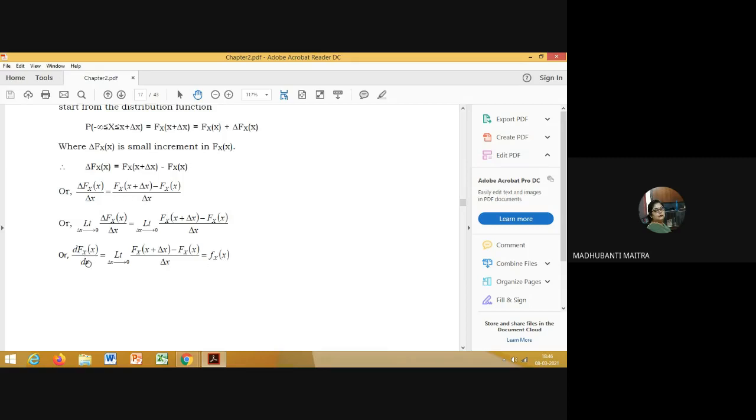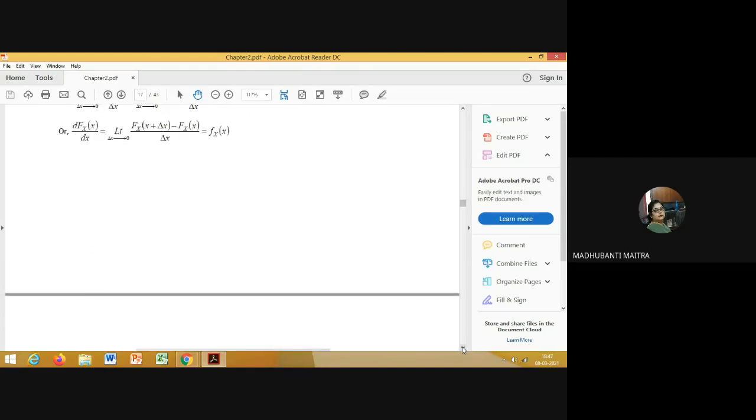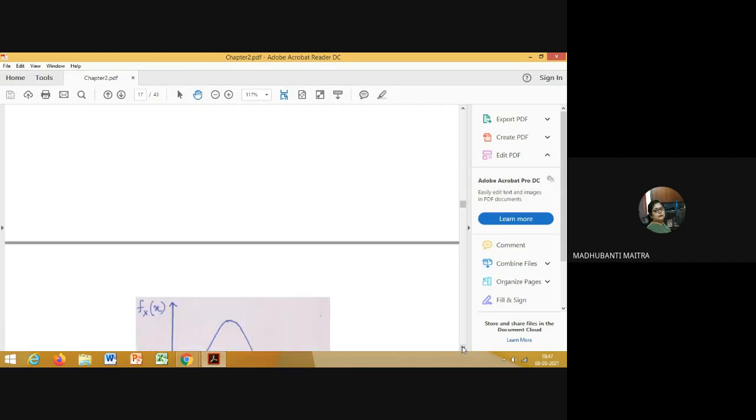So dF_X/dx, the first derivative of the distribution function with respect to x, will result in the corresponding density function. Clear?